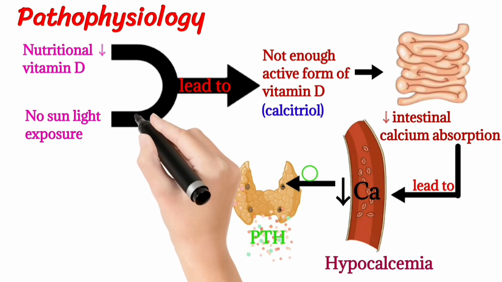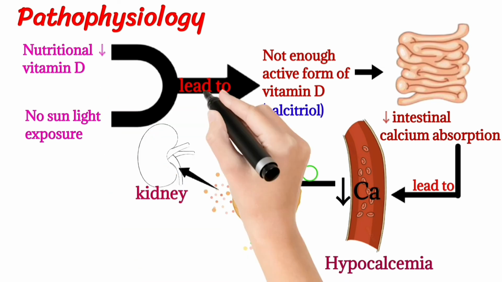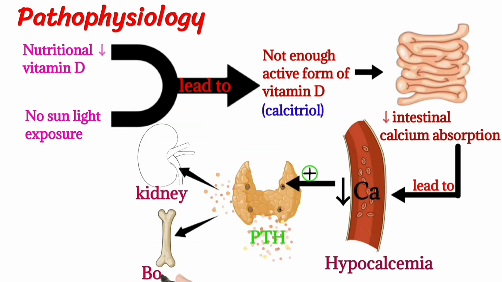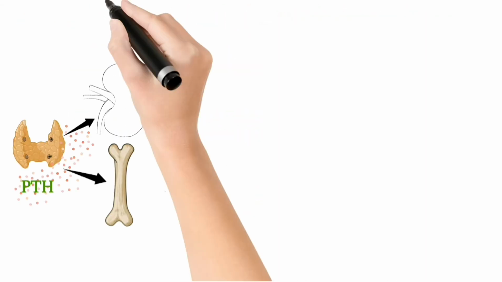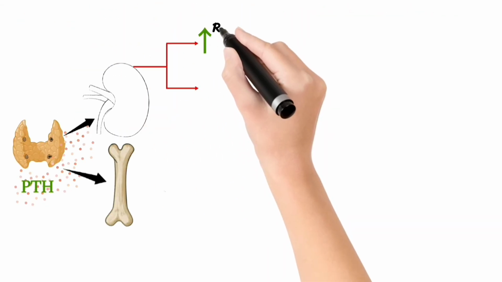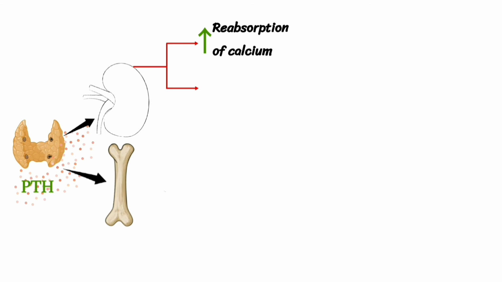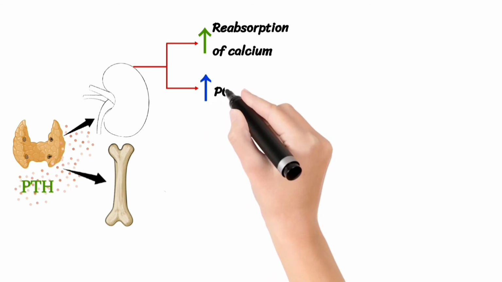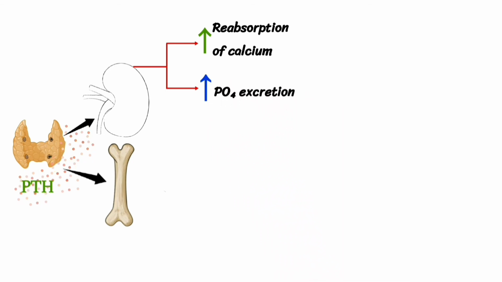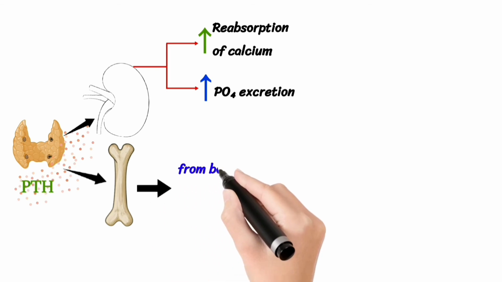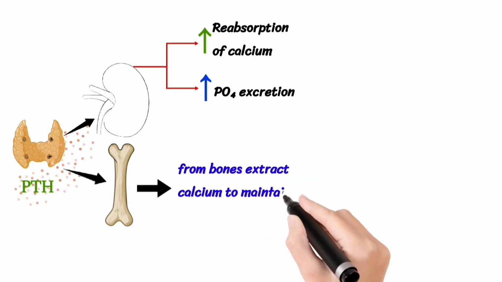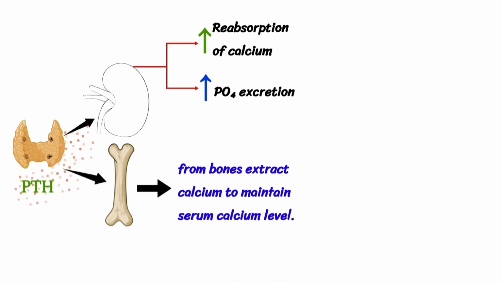In bone and in kidney, what does it do? We will discuss next. In the kidney it increases reabsorption of calcium, and also it increases phosphate excretion. In bones, calcium is excreted to maintain serum calcium level, right?